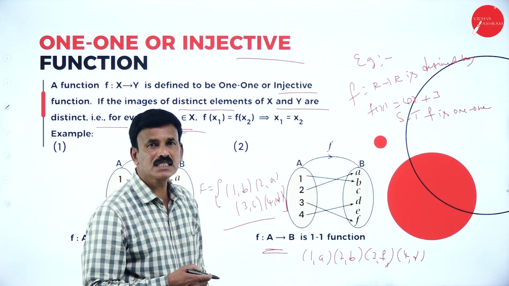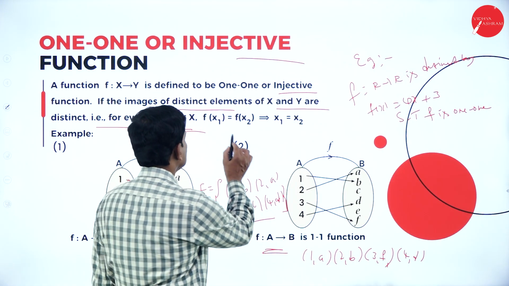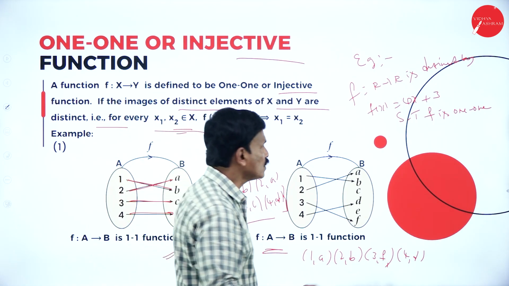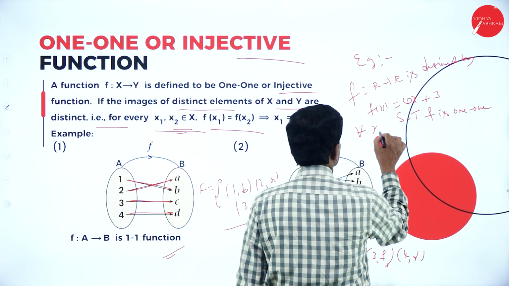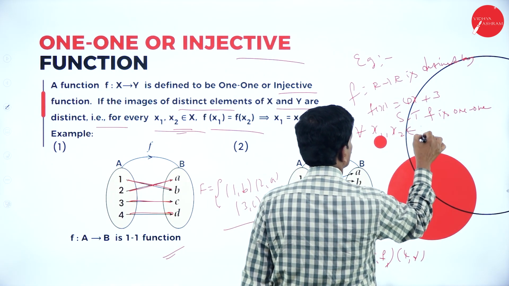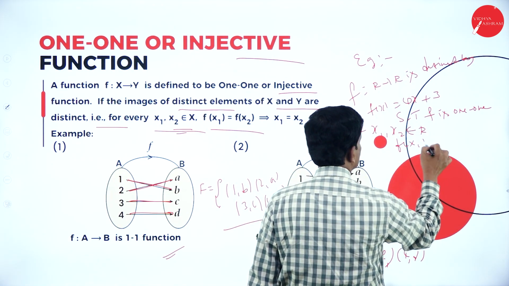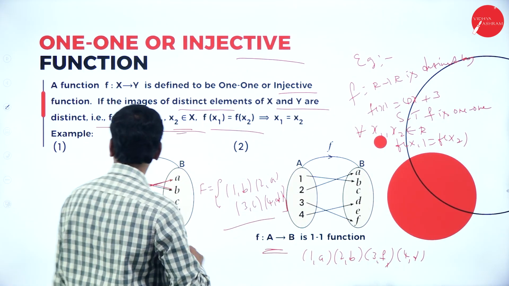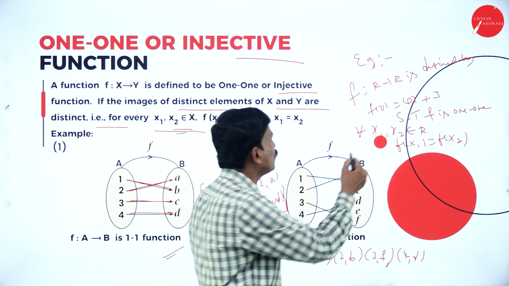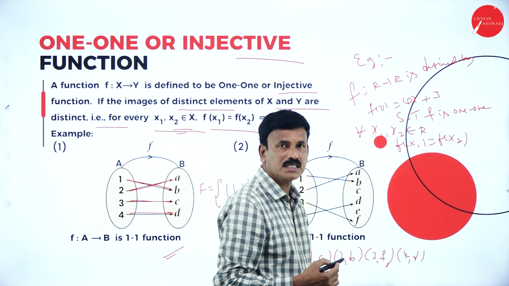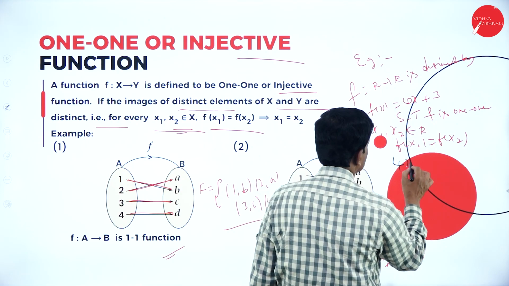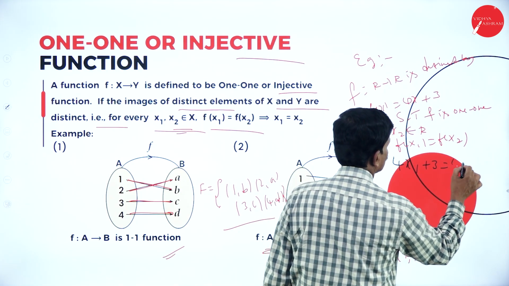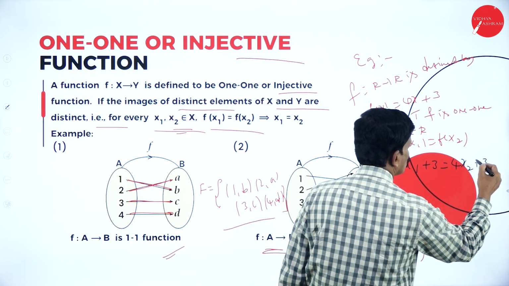Now to verify this as a one-one function, let us take this statement: for all x1, x2 belonging to R, f of x1 is equal to f of x2 implies, what is f of x1? f of x is given to be 4x plus 3. f of x1 can be written as 4x1 plus 3 is equal to f of x2, which is 4x2 plus 3.